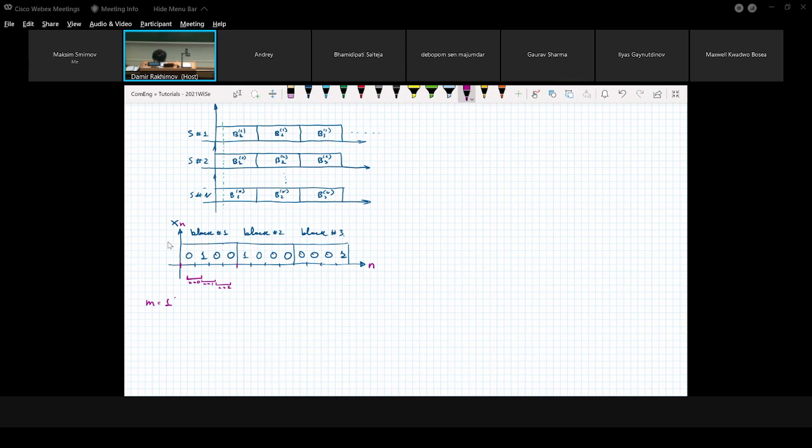And then we come to the interesting case. We have the last sample from the first symbol and the first sample from the second symbol. The situation is different. Why? Because if the last code of block 1 is 1, we can get the block 2 first code also 1.